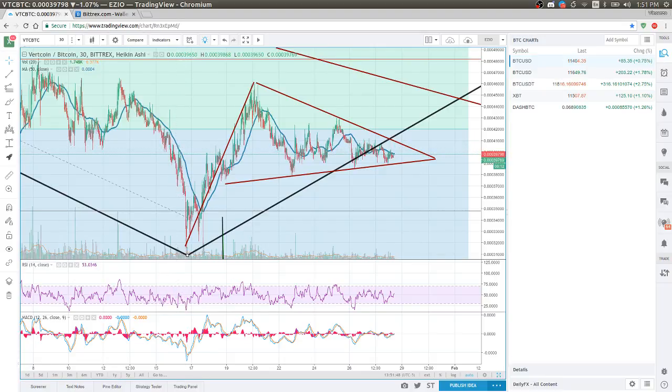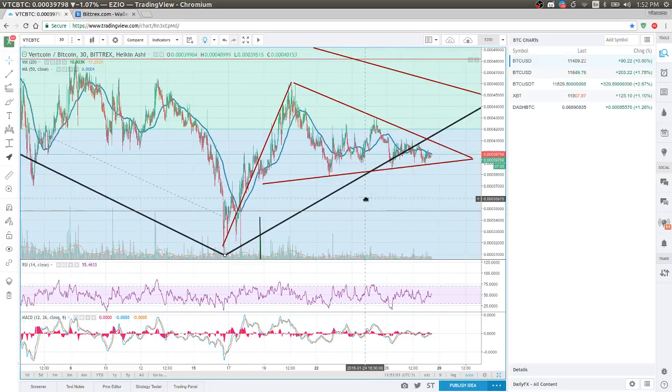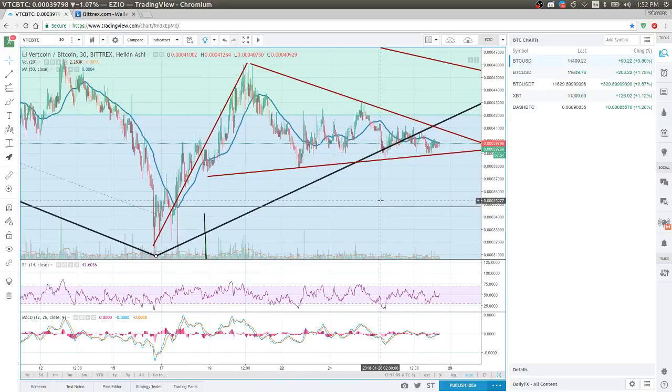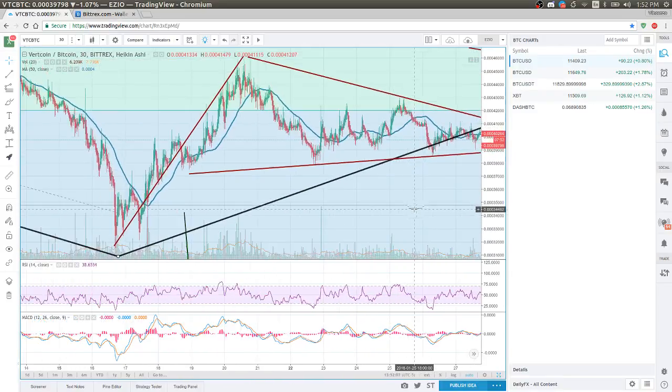Why do you always use Heikin Ashi? To be honest, I never use it. I hate the indicator. I mean, I use it when, oh sorry, Heikin Ashi. No, sorry, I messed up. I thought you were talking about Bollinger Bands. I can see the bullish and the bearish trend much better than when using normal candlesticks.